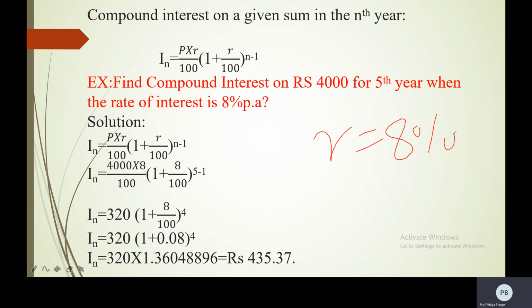Here n is 5 years. By putting all these values in that formula, we get 435.37 rupees.